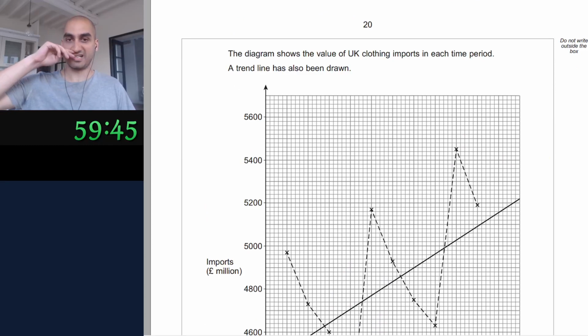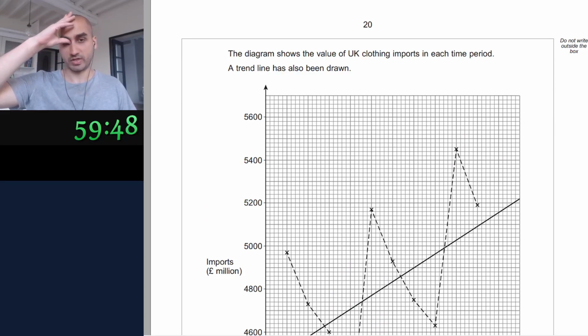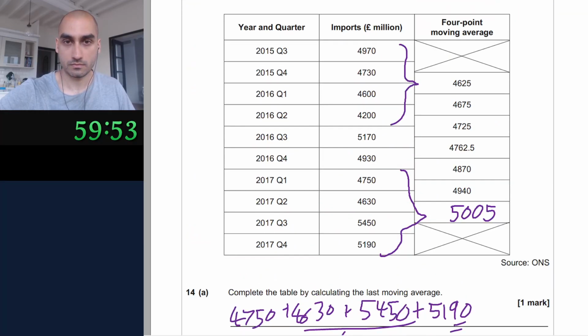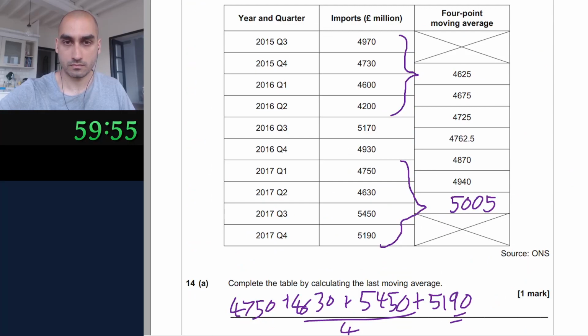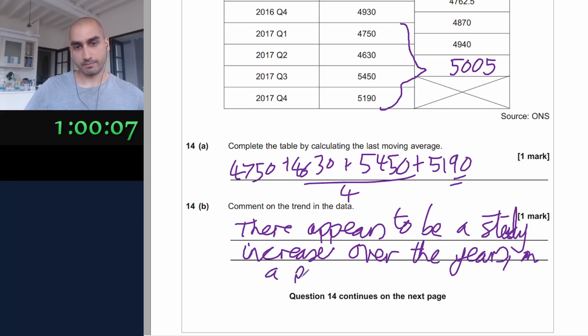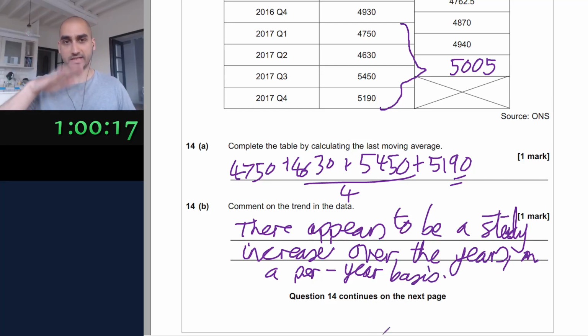The diagram shows the value of UK clothing imports in each time period. A trend line has also been drawn. Let's specify on a per year basis, because clearly it is following a pattern.